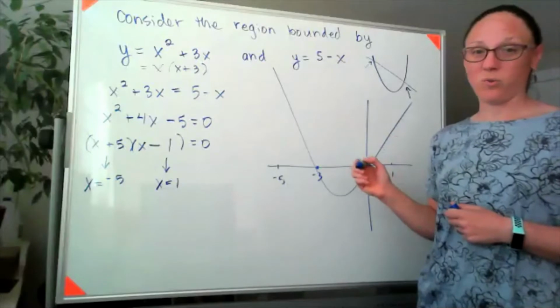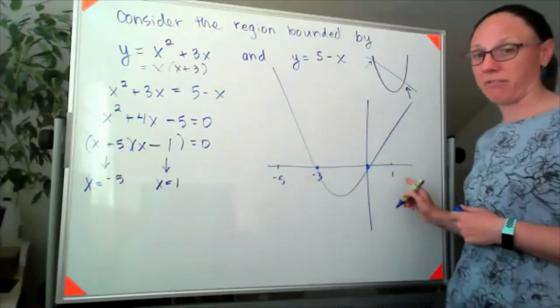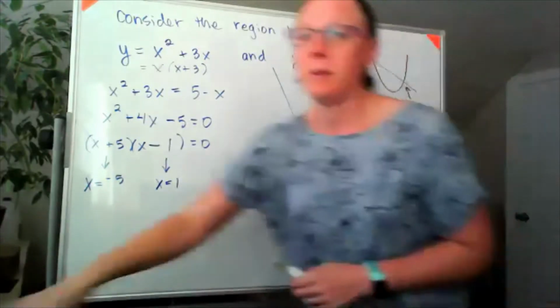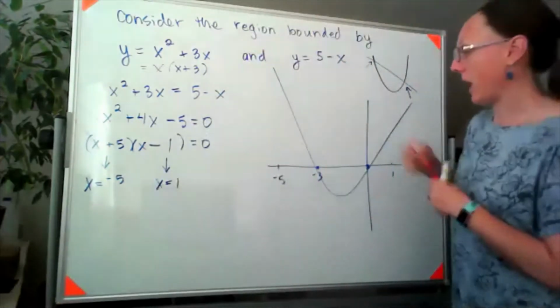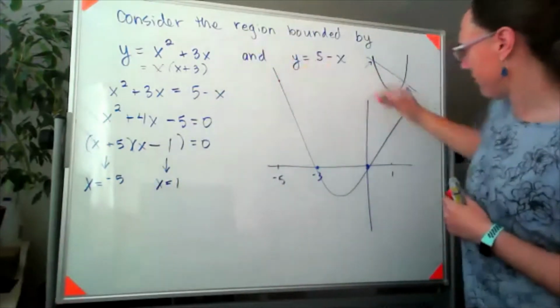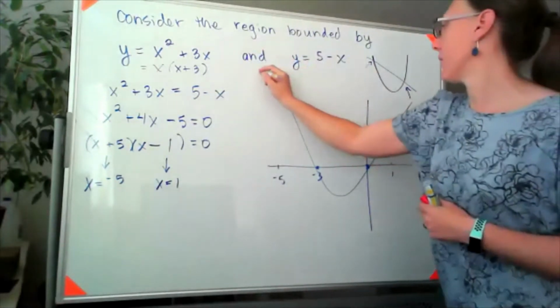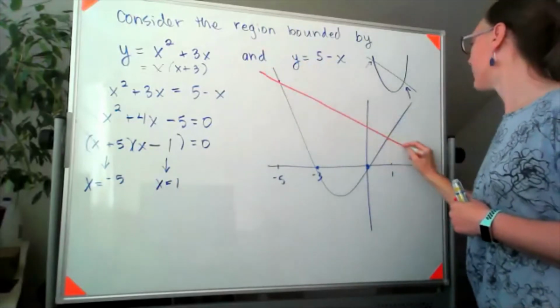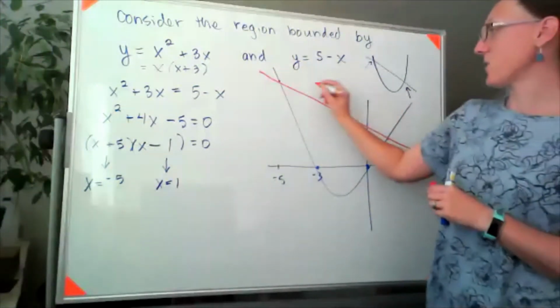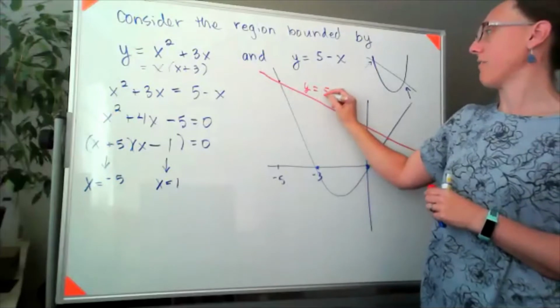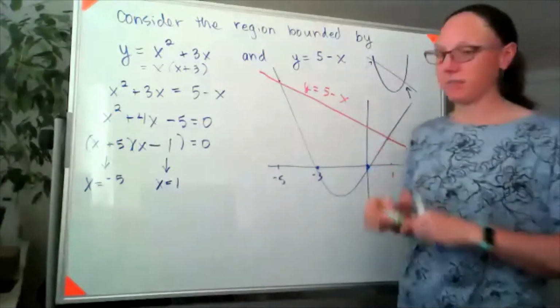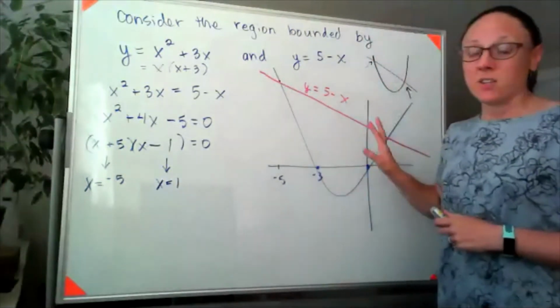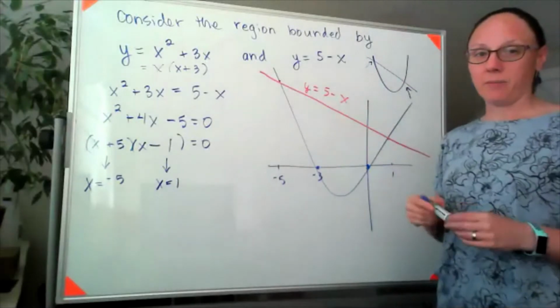Since our intersection points are at negative 5 and 1, I'm just going to draw my line in from there to there. So that's my y equals 5 minus x line. So here's the region we're looking at.